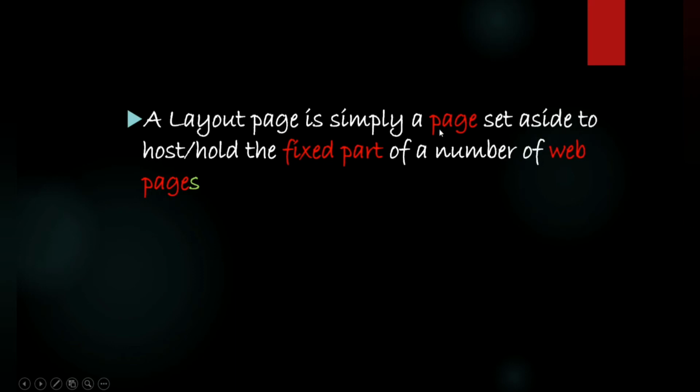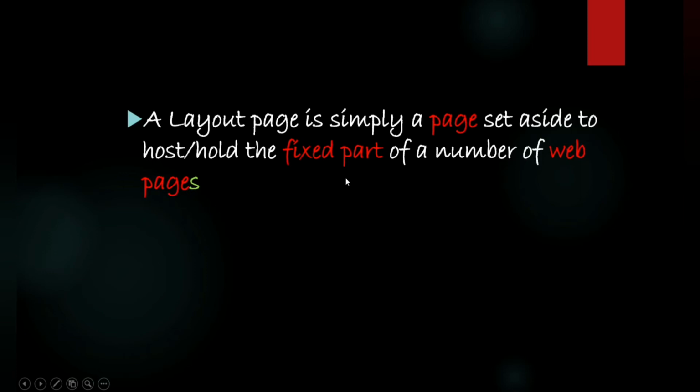First, it is simply a page, so it's actually a web page. In the design sense, it's a page on its own, or a view on its own, that is set aside to hold or host the fixed parts of a number of web pages.